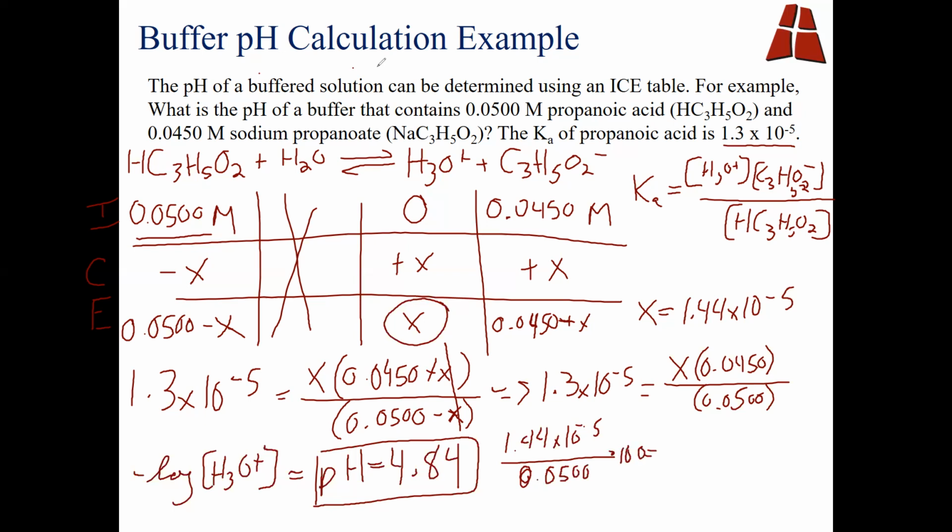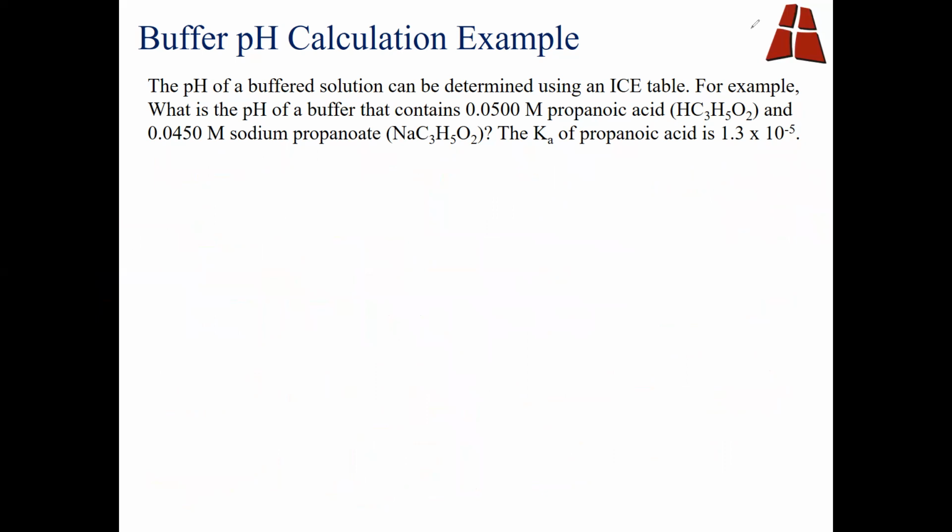And I got a percent error of 0.02%, which is of course significantly less than 5%. And so our x small approximation checks out. So that's how you would solve a problem like that. Of course, if you have questions, feel free to email or let me know. We have a little bit more material to get through here.